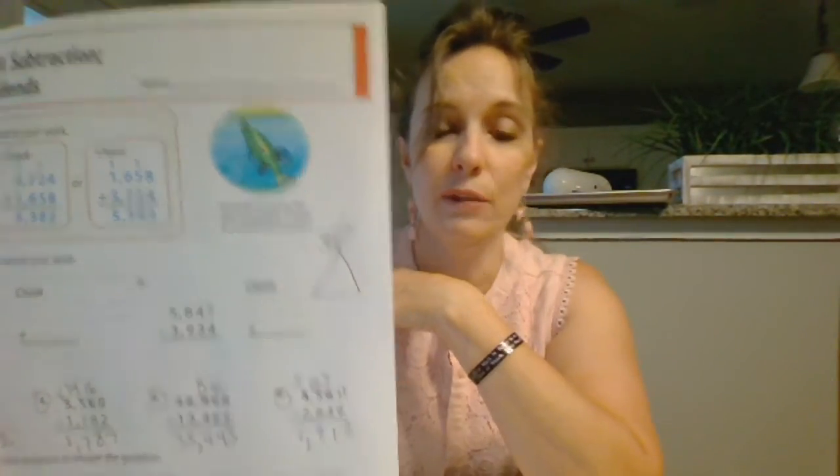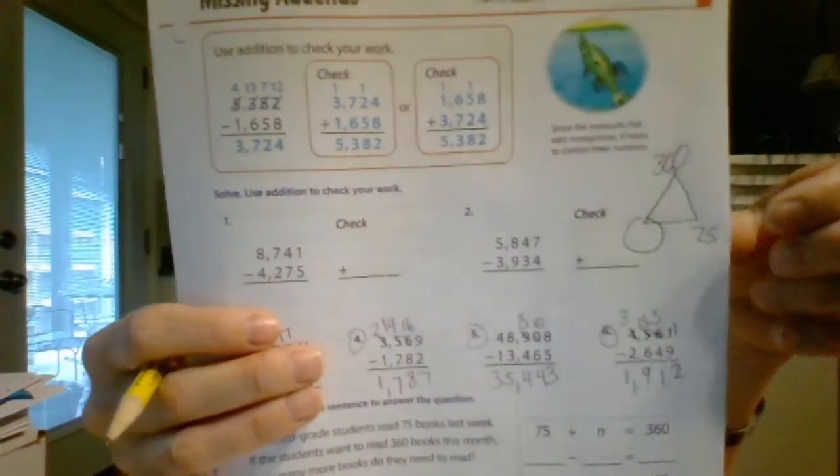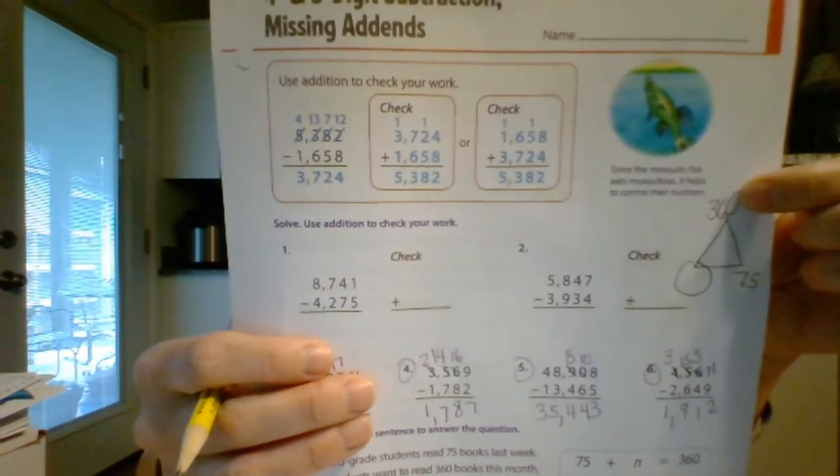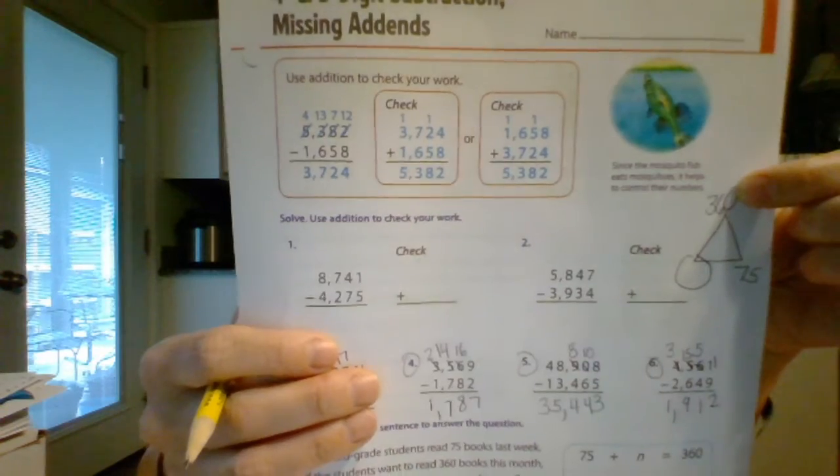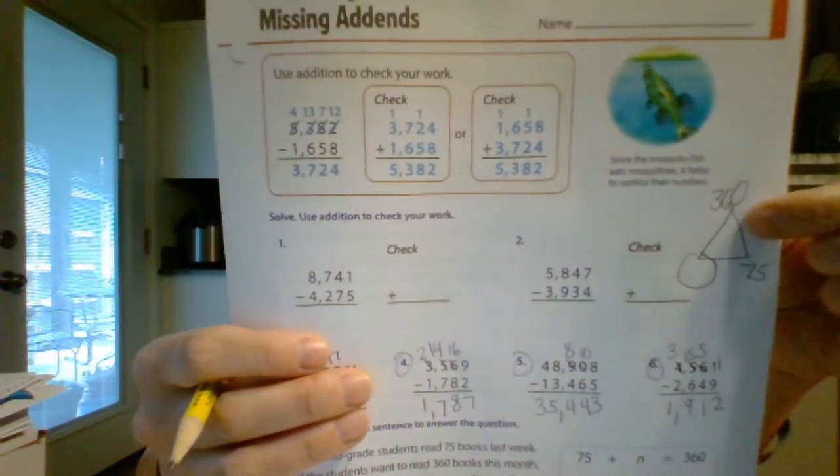Okay? Do we know what part of that they've read? Yes, we know they've read 75. So how do we find the other missing part? You take the part you know from the total, and that'll give you the missing part.